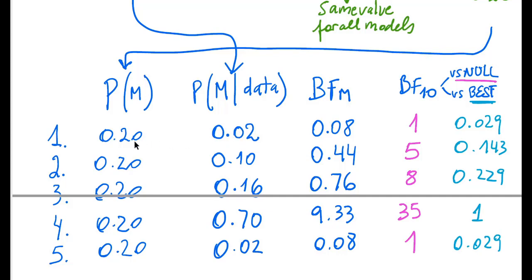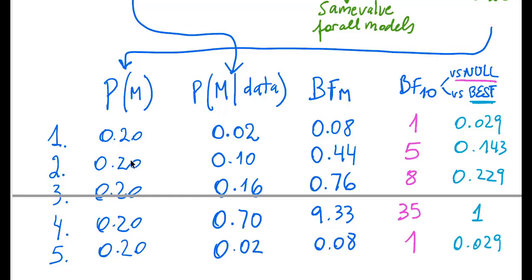We started with a probability for that model of 0.2, and now it went to 0.02. So it's much less likely after observing the data than before observing the data.